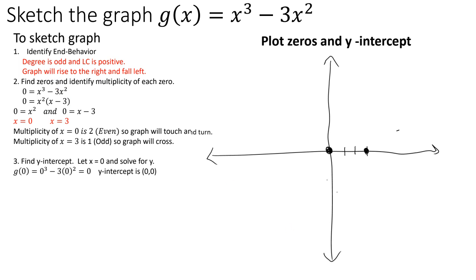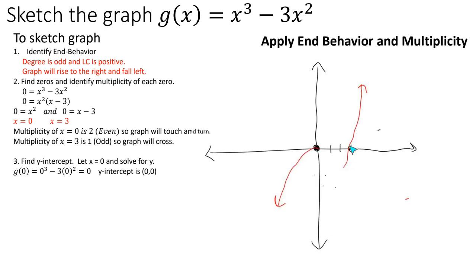No, it's going to rise to the right. So I'm just going to draw a little thing going up, right? Because it's rising to the right. And I know that at x equals 3, the graph is going to cross. So I kind of made a cross here. And then to the left, it's going to fall. And at x equals 0, it's supposed to touch. So I'm just going to leave it like this. Now the last step is to plot extra points.